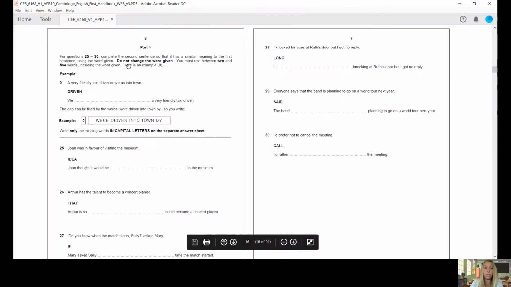So these are the famous transformations, as they used to be known. They are sentences that are written in a different way, but have exactly the same meaning. So let's look at the transformations that we have here. Also make sure that you write between 2 and 5 words.